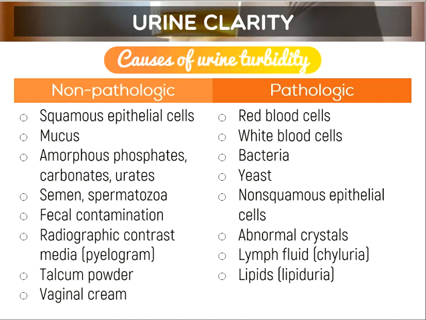What I do to memorize, you study smart, you memorize only the pathologic ones. Both have eight items, but the pathologic ones are shorter words: RBC, WBC, bacteria, yeast, non-squamous epithelial cells, abnormal crystals, lymph fluid, lipids.